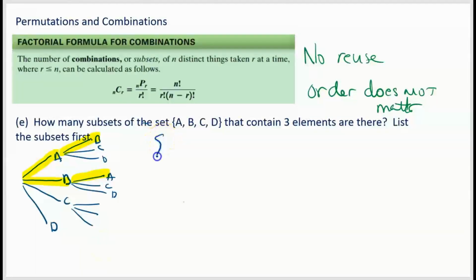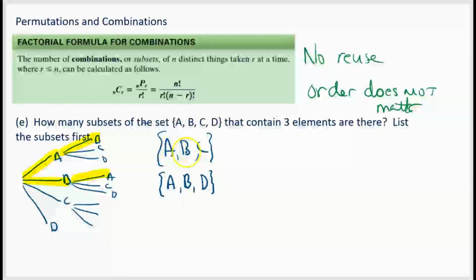So if I were to list the subsets, let's not worry about the curly brackets. Let's just say A, B, and C is definitely a subset of the set A, B, C, D. What's another one? What about if we do A, B, and D? And that's every way we could have A and B, right?